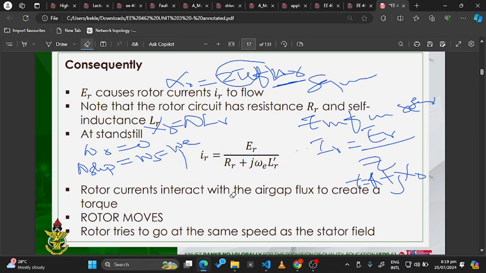In another term, at starting the slip is equal to 1, so for the other formula you have this divided by S. Slip is equal to 1, so R divided by 1 will give you R. But let's take it one at a time. So this is the current that is going to flow at starting, because at starting the frequency that the rotor sees is omega E. Then the general formula for current IR is equal to what?